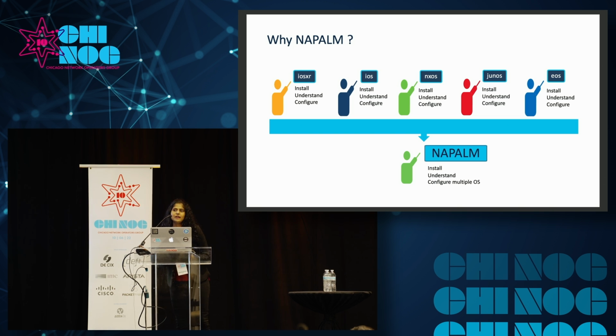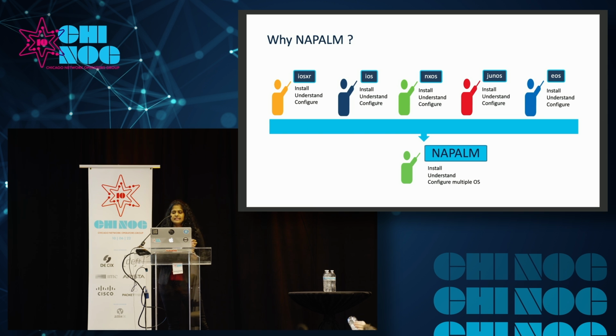Let's consider you have thousands of devices of each platform in your field, and you're given a certain time limit to push the configuration on all these platforms. You have to assign different network engineers for different platforms, and these network engineers should understand the specific automation tool available for that specific platform, install it, understand it, and then push the configuration.